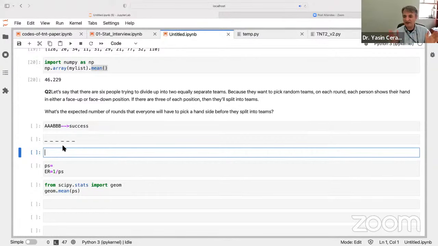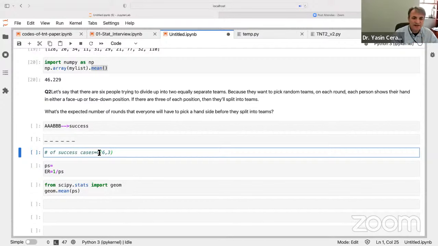Combination problem. So the number of success cases is the combination of 6 choose 3, right? I think that gives us the number of success cases.